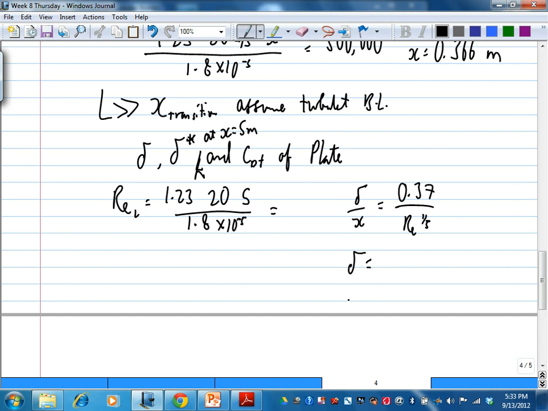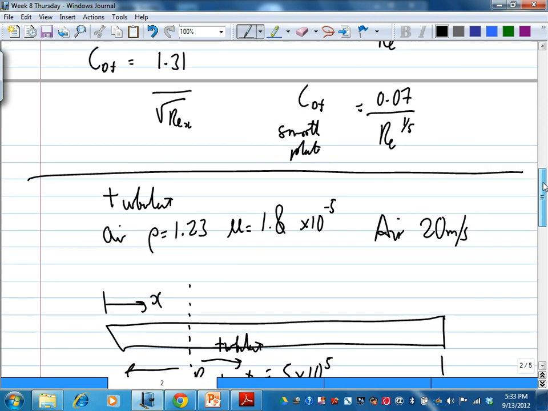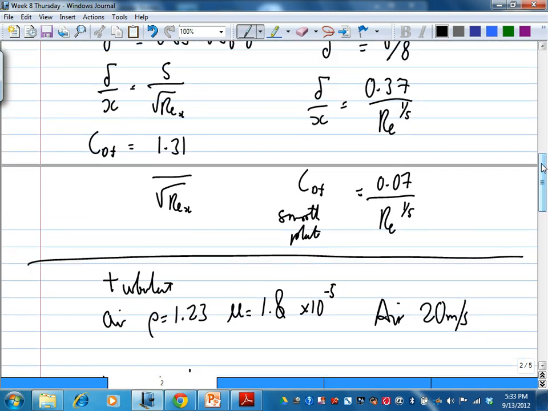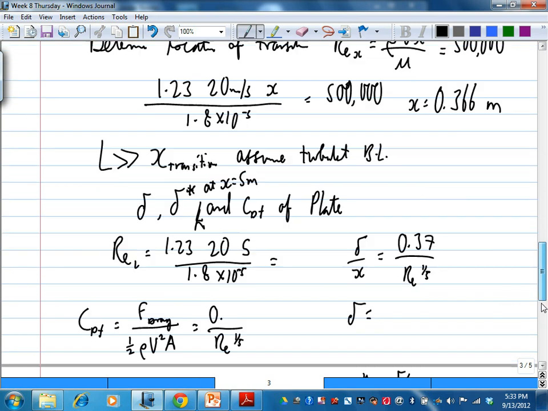All right. Delta star is equal to delta over 8 equals to what? C_D is equal to F drag over half rho U squared A. All right, and that is equal to 0.074 over Re to the 1 on 5. What is that? 0.07.